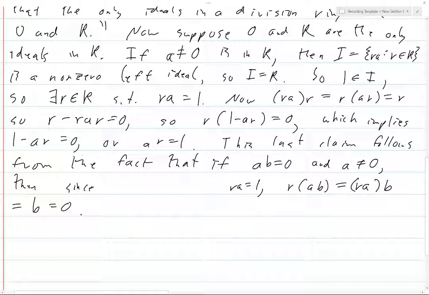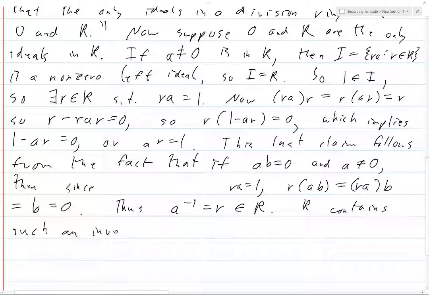Thus, a inverse is precisely r, which is contained in R. So R contains such an inverse, a inverse, for all a in R minus 0.